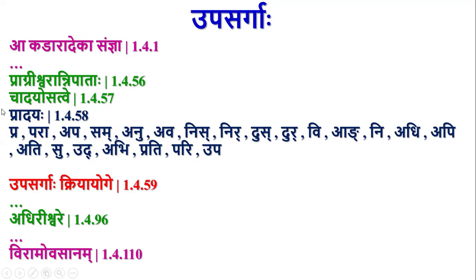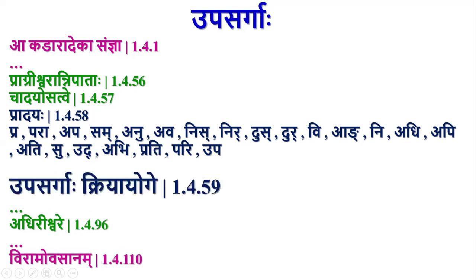So by this sutra pradayah, all these 22 are called nipatah. The next sutra is upasargah kriya yoge. These 22 words are called upasargah when they are used along with a kriya pada.